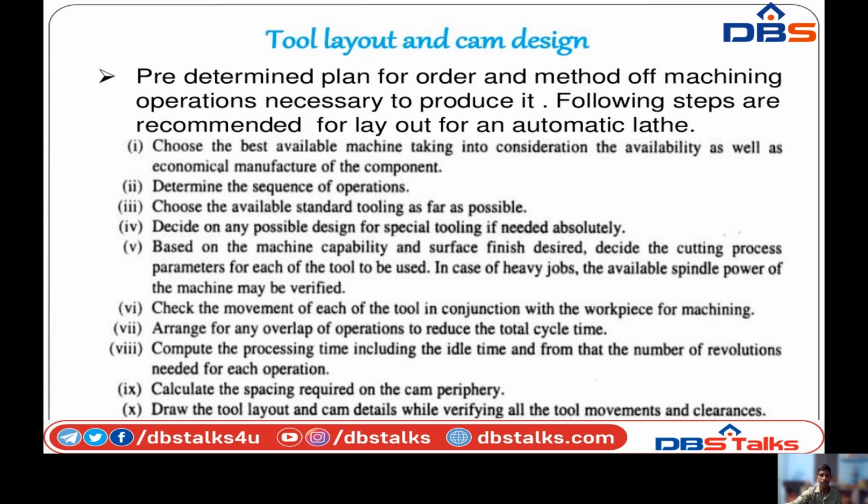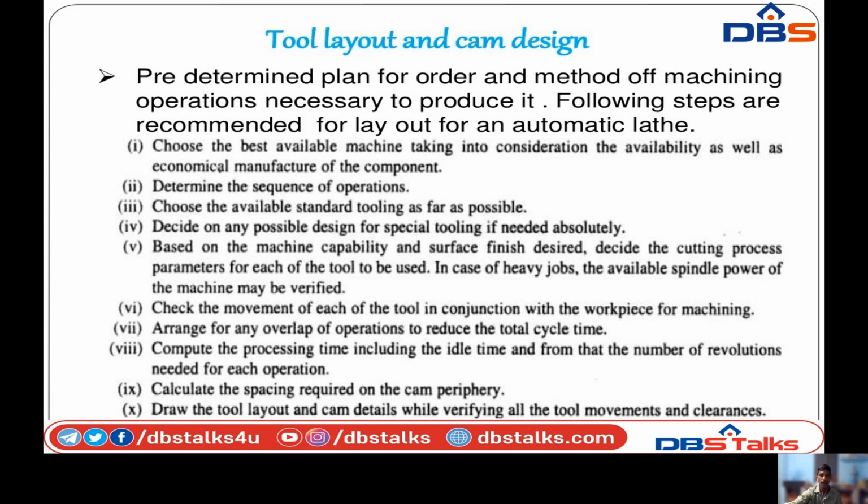In this, we are following some procedure. First of all, taking the machine based on the requirement. Next, the sequence of operations. Choose available standard toolings. In case of heavy jobs, we are preferring a spindle of higher power. The machine may be verified. Next, the movement of each tool and overlap operations arrangement.